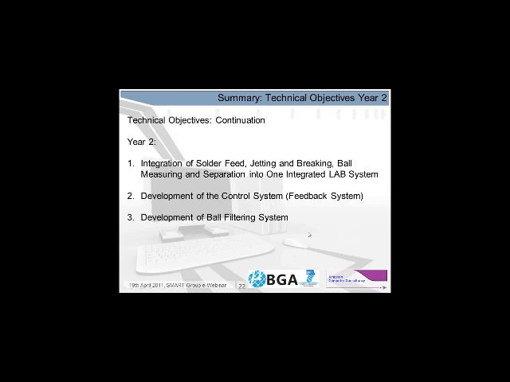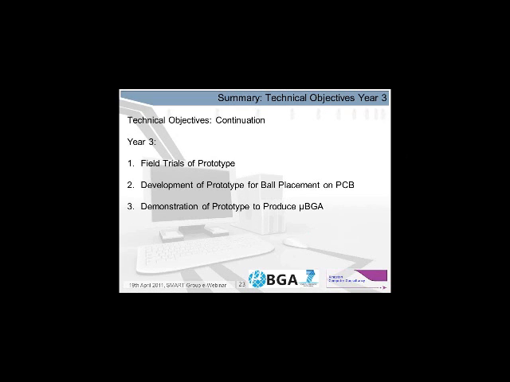And in the second year, we'll also be developing the ball filtering system. So at the end of the second year, we are aiming at having a system that is ready for production, or a prototype that can be tested out in the field.